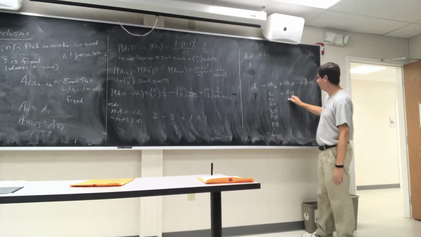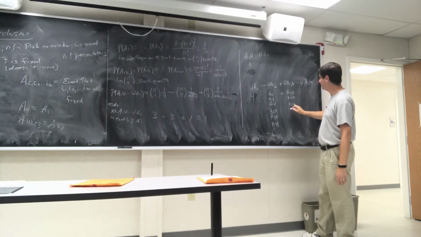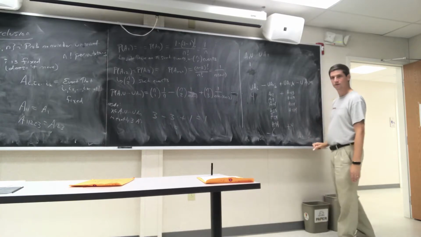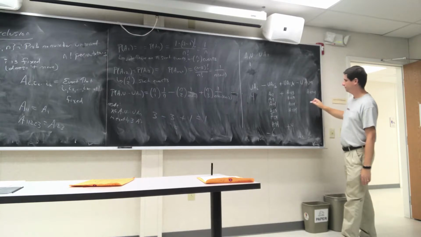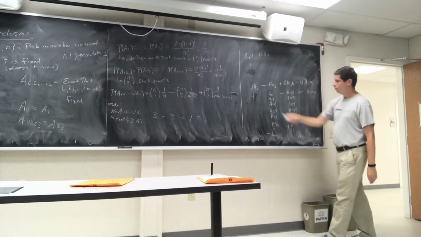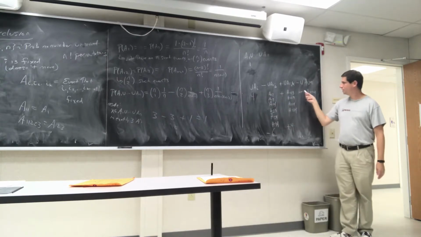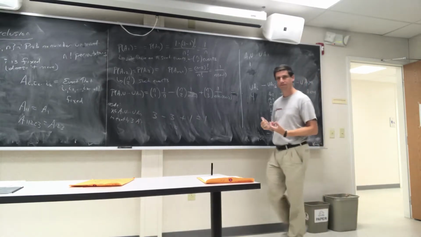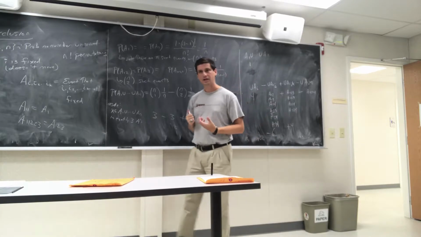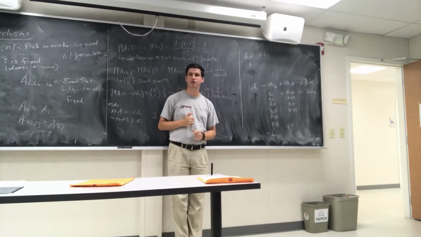I could have A1,2,3, A1,2,4, A1,3,4, and A2,3,4. And then I could have it in A1,2,3,4. 4 minus 6 plus 4 minus 1 is 1. So if it's in exactly 4 of them, it's going to come out as being counted just once.